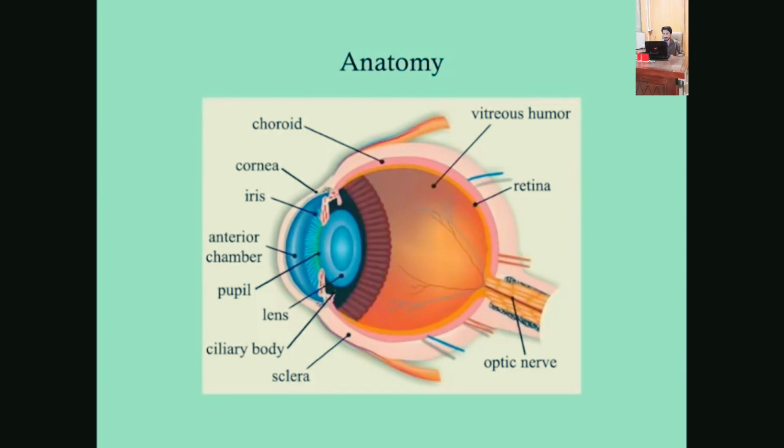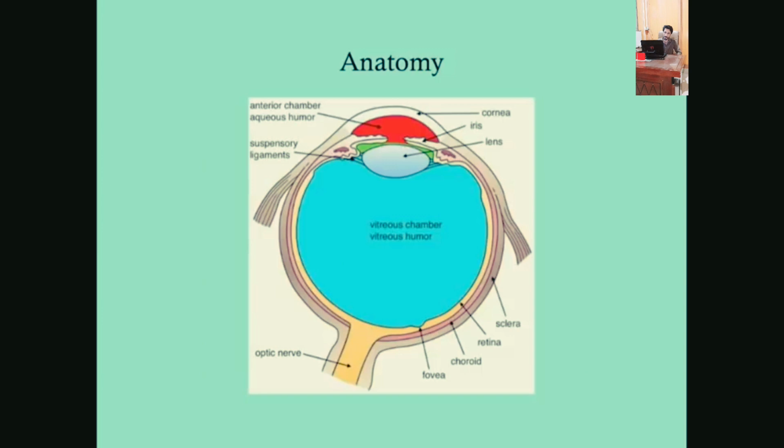So as you can see here, the uvea is not just one discrete organ of the eye, as the lens is, or as the iris alone is, or as the cornea is. It extends from the anterior aspect of the globe all the way to the posterior aspect of the globe at the optic nerve. So this is a very profound structure, and the symptoms of uveitis can vary based on where the uveitis is.